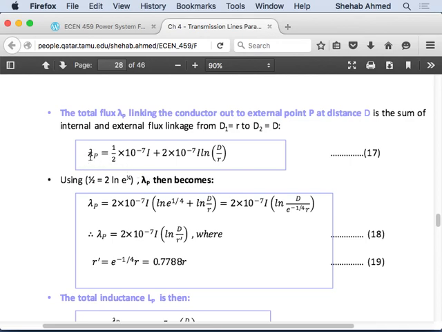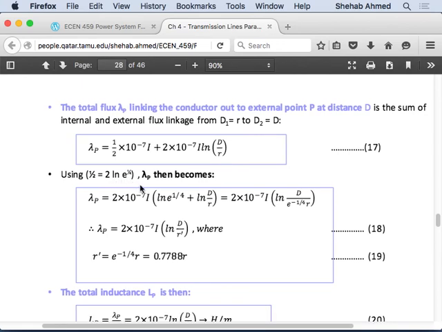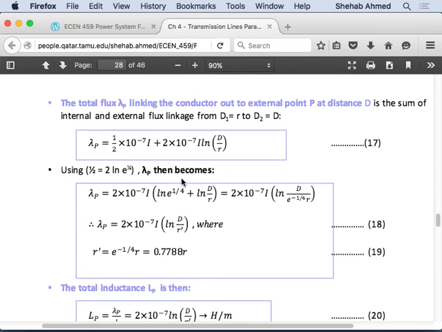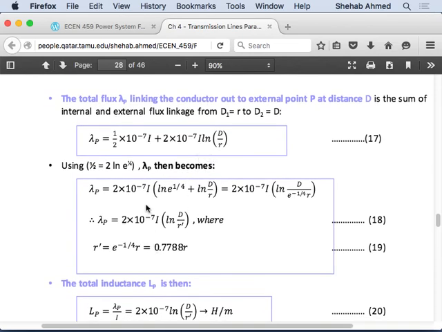So if I have now the total flux linking conductor P, I take that divided by I, and I have my inductance, right? They also used some natural log identities. So this half here is equal to 2 times natural log e to the 1/4, and they substituted that in the equation.